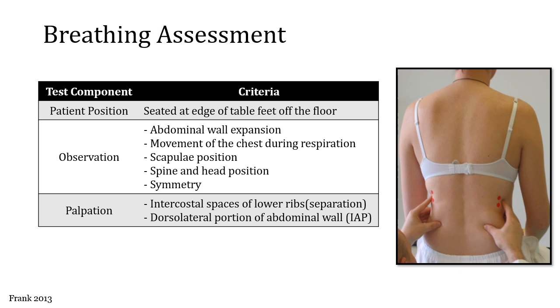Abdominal wall expansion, movement of the chest during respiration, scapular position, and spine and head position, as well as symmetry of these body parts and regions are observed. Gentle palpation of the intercostal spaces of the lower ribs and separation are monitored, and you're gently feeling for tension with an expansion of the posterior lateral wall of the abdominals.